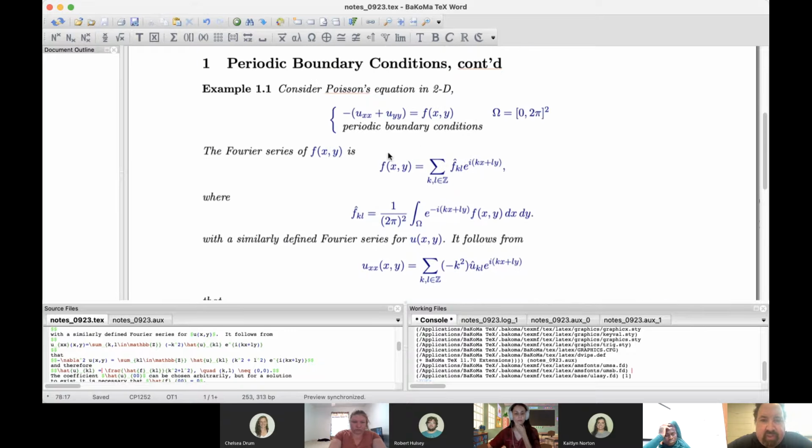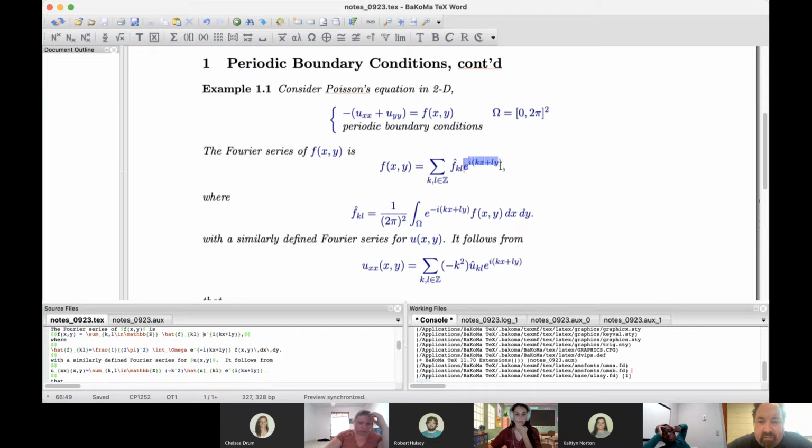Because if you consider a case of k and l both being 0, well, this would be e to the 0, which is 1. So in other words, the 0,0 coefficient is just a constant term. It doesn't depend on x and y.